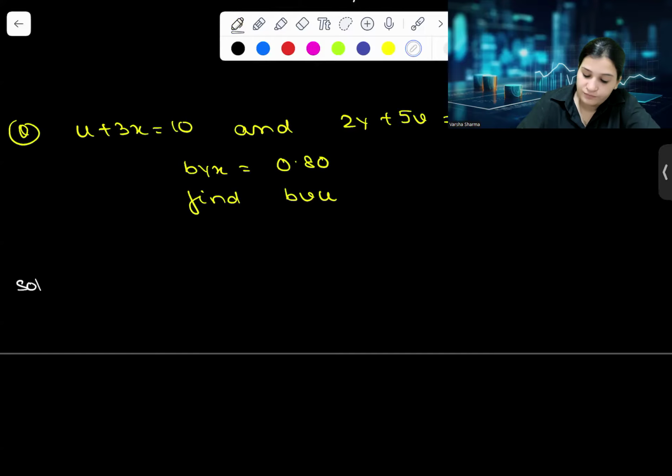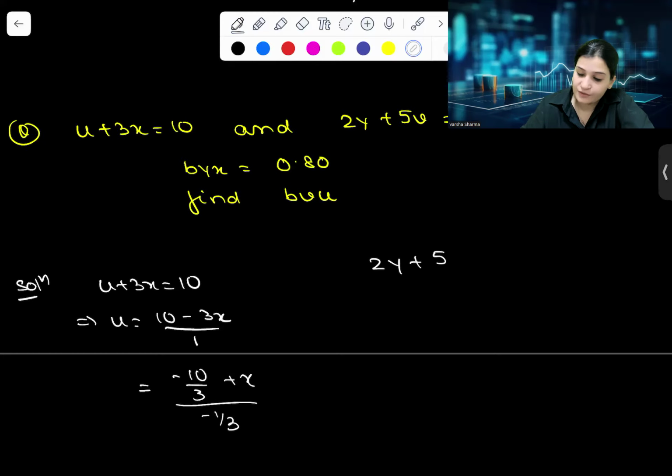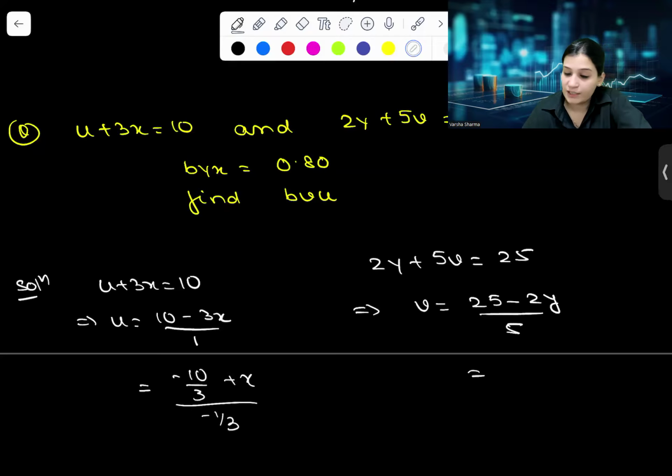First one, u plus 3x is 10. So u is 10 minus 3x. Nothing in the denominator, so 1. But we can't have a coefficient for x. So we divide each of the numbers by minus 3. Then 2y plus 5v equals 25. So v is (25 minus 2y) by 5. We divide all the numbers by minus 2.